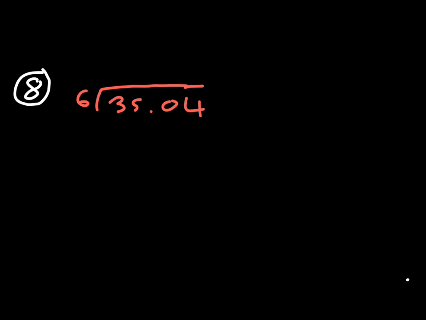Does 6 go into 3? No, it doesn't. So when you look at the next number, does 6 go into 35? Yes, it does. How many times? 5 times. 5 times 6 gives us 30. We say 35 minus 30, and that gives us 5.